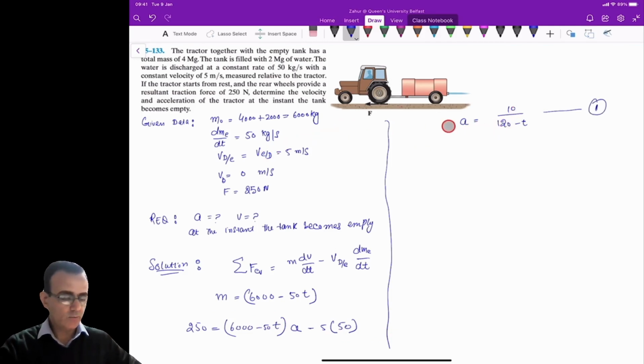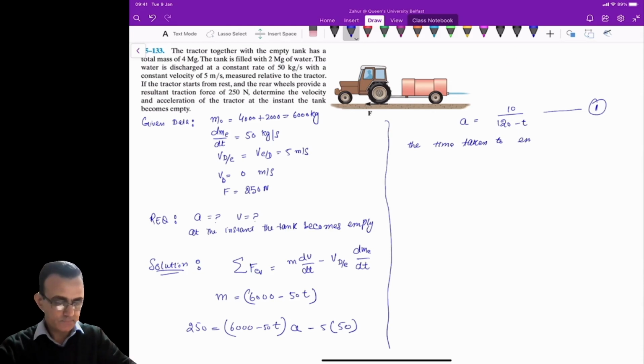So now we need to calculate t when the tank is empty. The time taken to empty the tank, you want to calculate this. So obviously we can do this from this equation here.